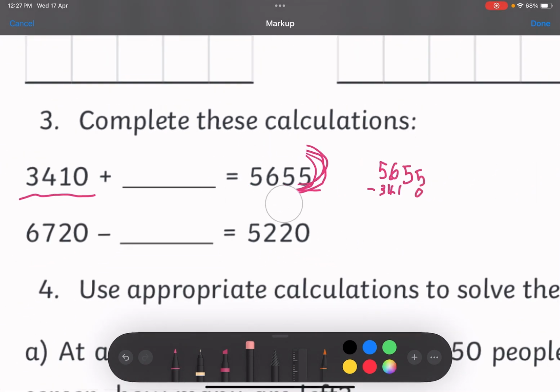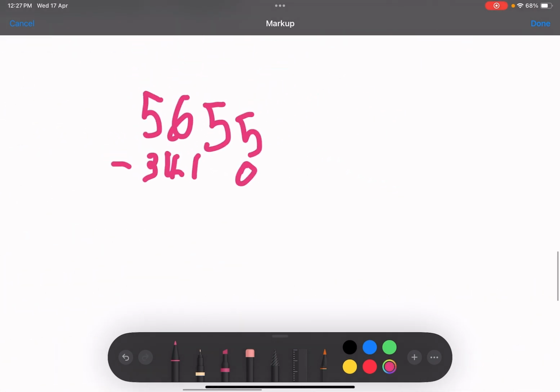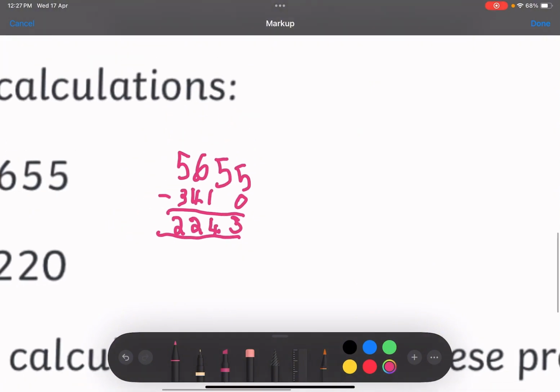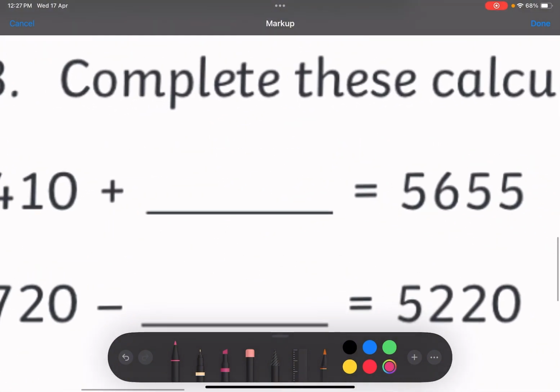So then erase this now, and that. 5 take away 0 is 5. 5 take away 1 is 4. 6 take away 4 is 2. 5 take away 3 is 2. 2,245 goes over here.